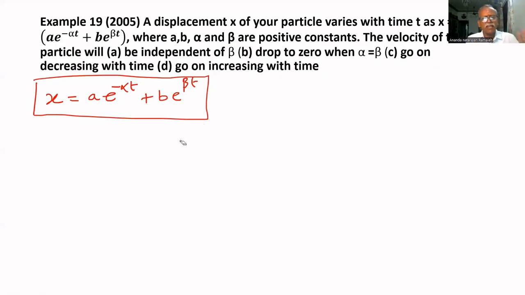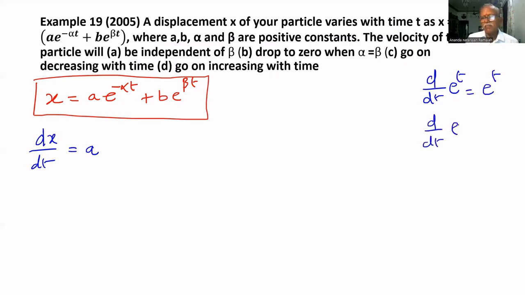First, let us find velocity, because only displacement is given. To find velocity, we have to differentiate with respect to time. So we have to find dx by dt. A is constant, keep it as such. d by dt of e power t equals e power t. d by dt of e power minus t equals minus e power minus t, because the coefficient of t is minus 1.